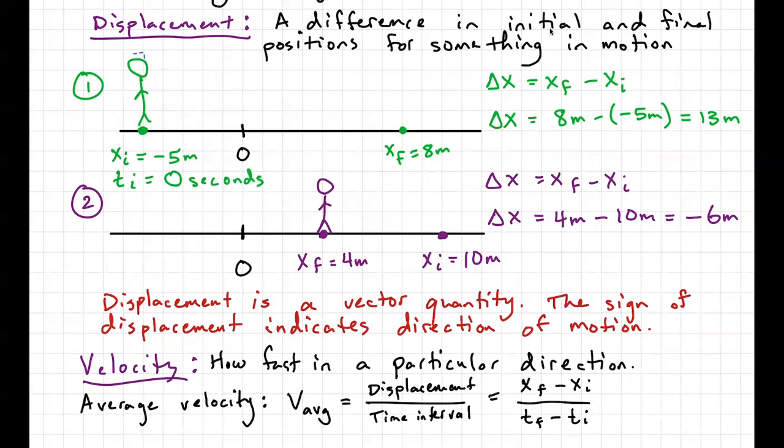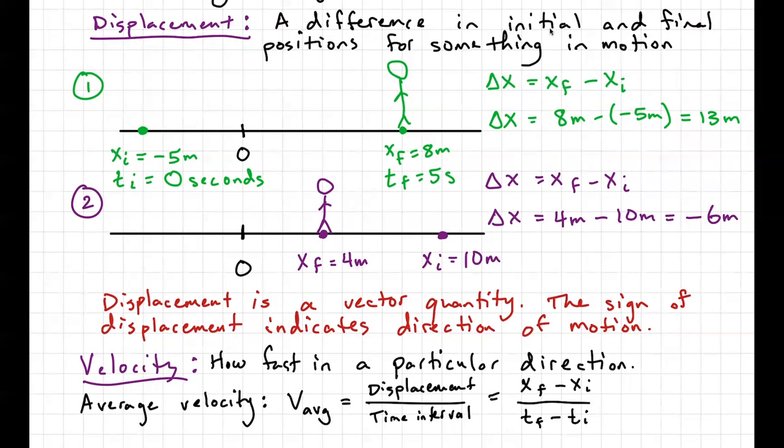And when I walk all the way over to the final position, I look down at the stopwatch and I notice that the stopwatch says that it was 5 seconds. So my initial time was 0 seconds, just whatever time the stopwatch said. And my final time was 5 seconds, whatever time the stopwatch said.